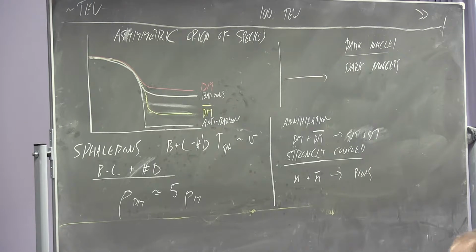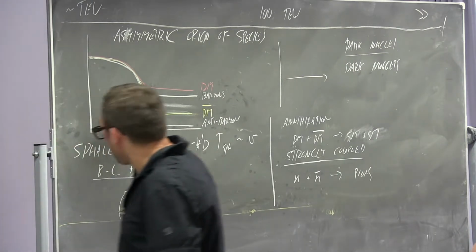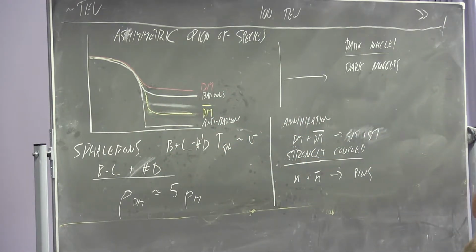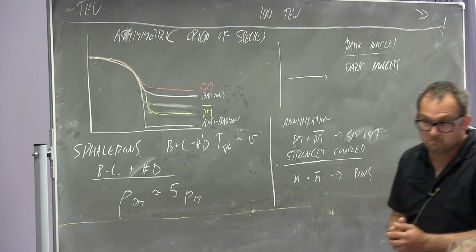So freeze out doesn't work here. Freeze in is not going to work here. It's not strongly coupled, and so forth. So that's how these scales tend to break down into the different mechanisms by which you could see the origin of dark matter.